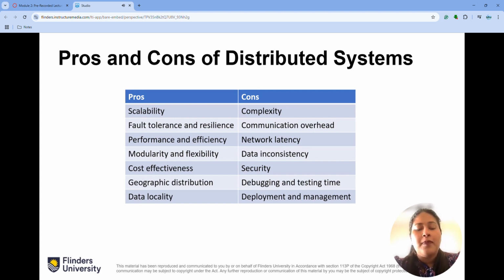Moreover, distributed systems require robust communication mechanisms to ensure reliability and efficiency, and the added complexity can make troubleshooting and debugging more difficult. While they offer great benefits for large-scale, high-availability systems, the complexity of their design and operation should be carefully considered.